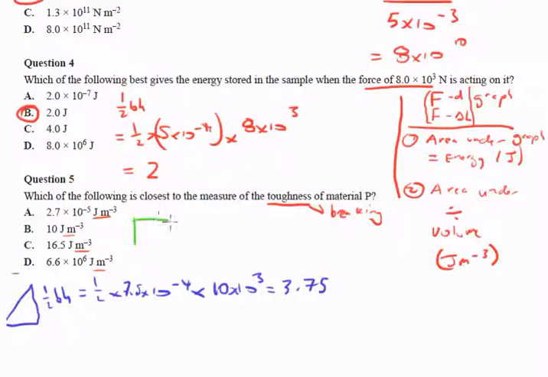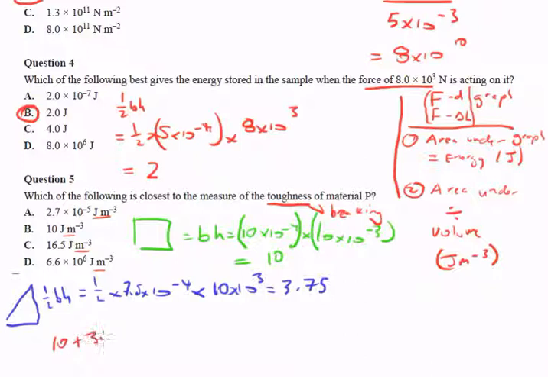So this bit here is equal to base times height, which is 10 by 10 to the minus 4 by 10 by 10 to the minus 3. Let's put those in brackets so you can see what I'm timesing together. When you times those together, you get 10. So the total area under the graph is 10 plus 3.75 equals 13.75.